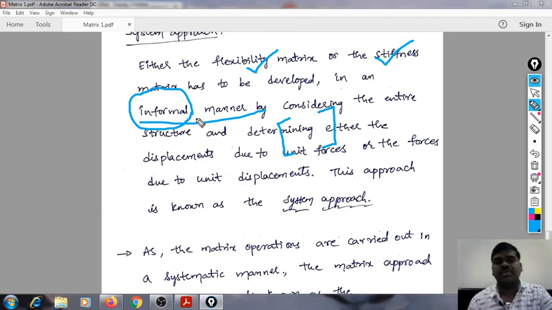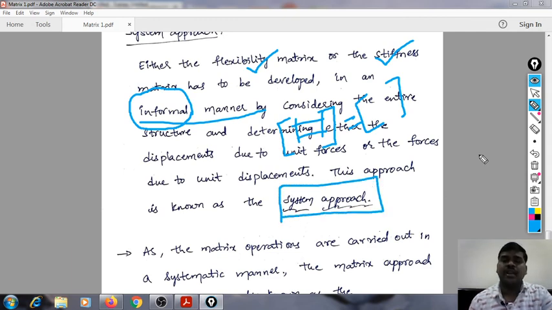What type of system? It follows the loads that are acting on the structure, right? So system is nothing but the thing which is followed by the structure, the loads which are acting on the structure, and accordingly we will be writing the matrices here. That is called the system approach. So whatever we find, that is using the system approach.